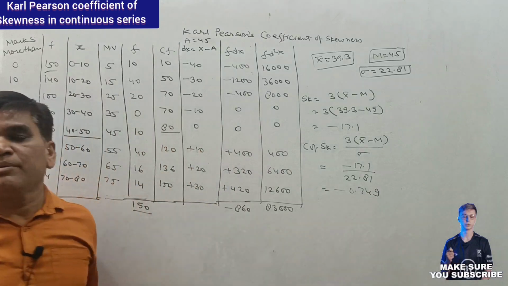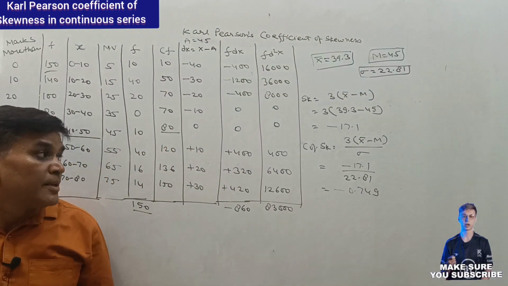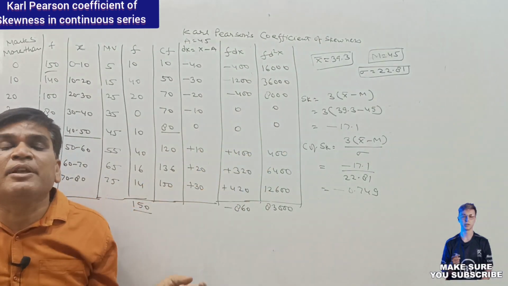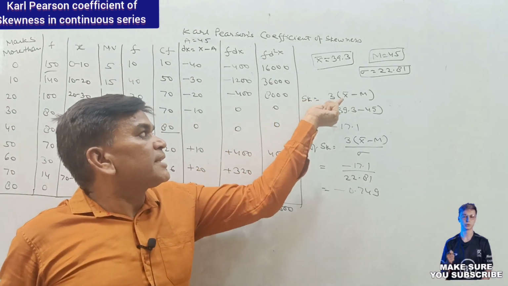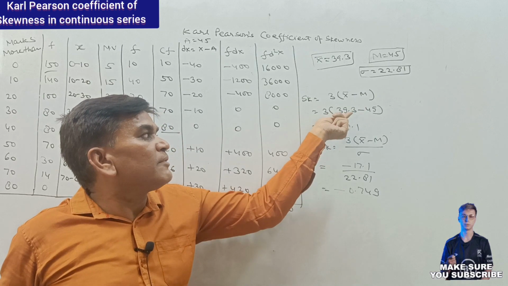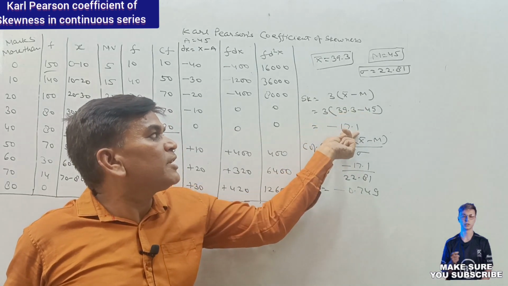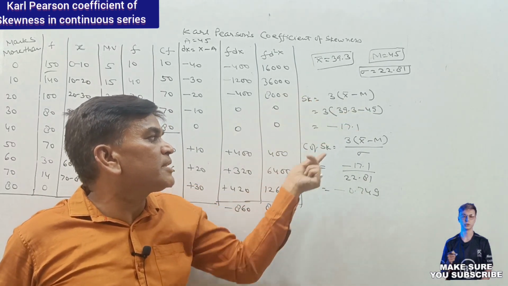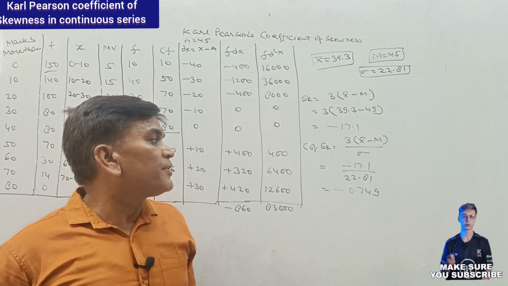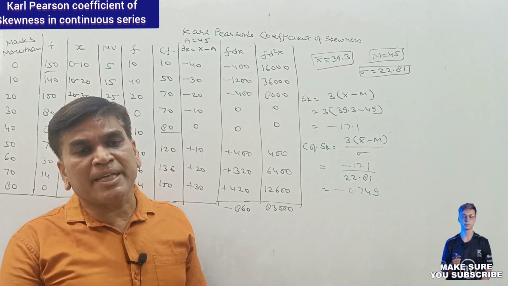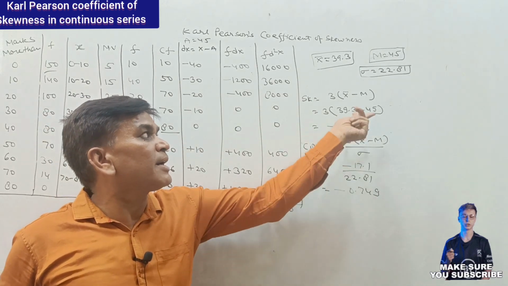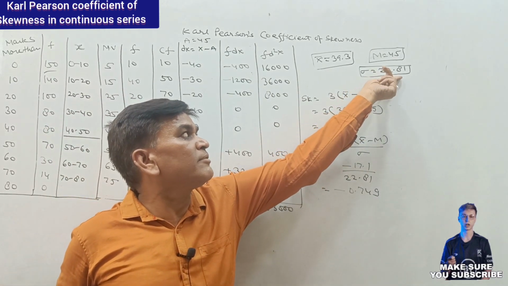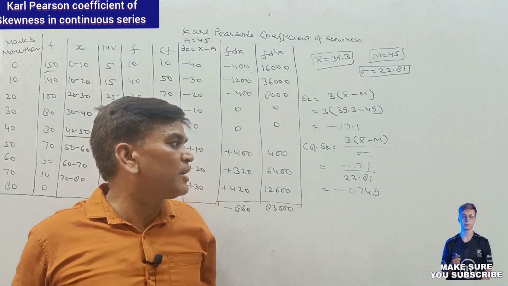So with the help of this, by easily putting in the values of x bar, m and standard deviation, we are getting skewness 3 times x bar minus m, that is 17.1. And for the coefficient of skewness, the formula is 3 times x bar minus m divided by standard deviation. So 17.1 we are dividing by the standard deviation 22.81.